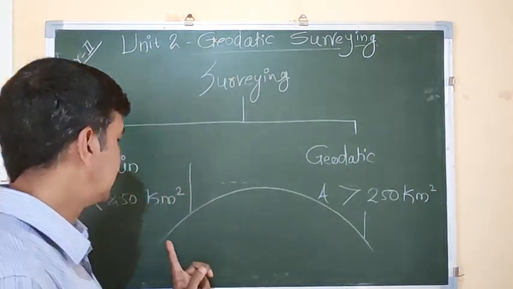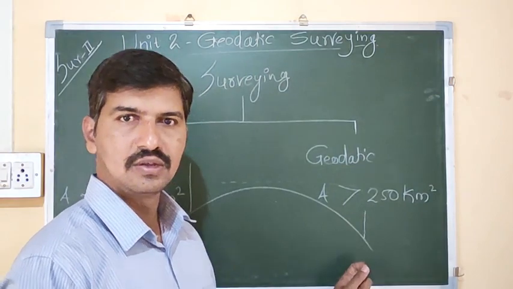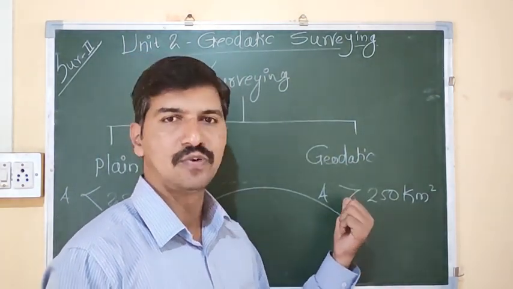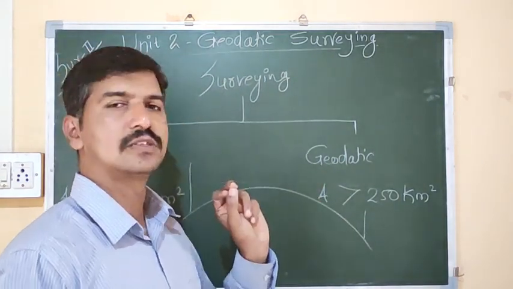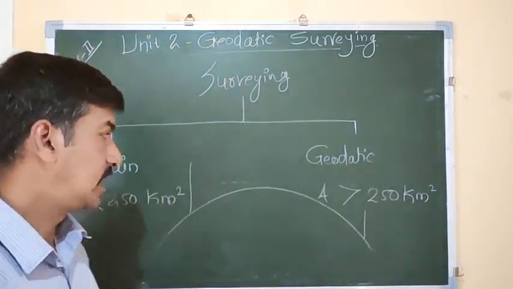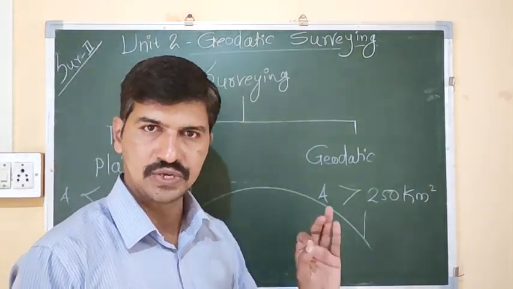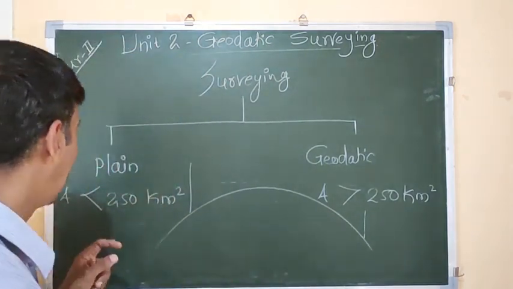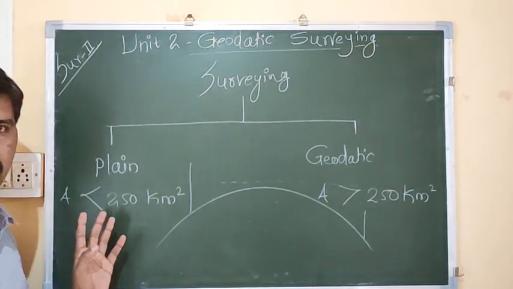If we are considering the curvature of the Earth while taking the observations, that survey is called geodetic survey. And if we are not considering this curvature of the Earth, then we'll call the survey plain survey. Did you get it?